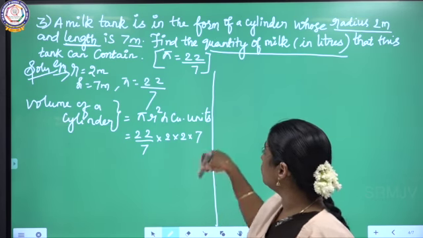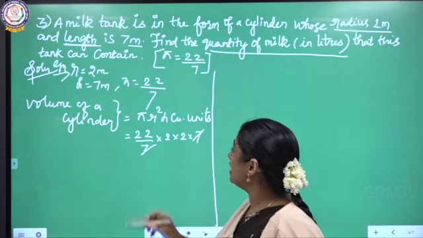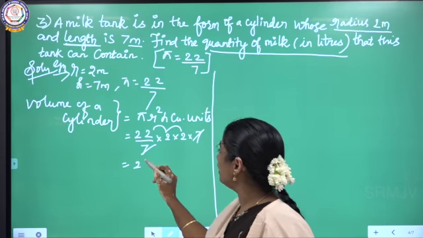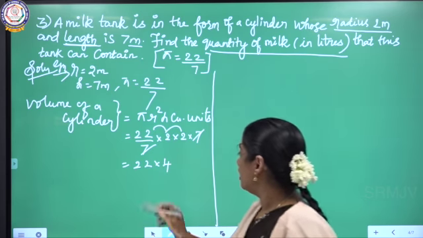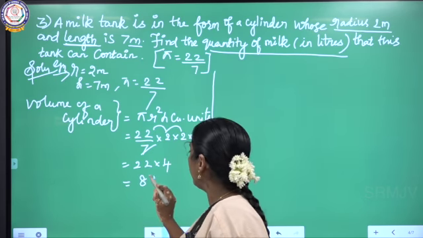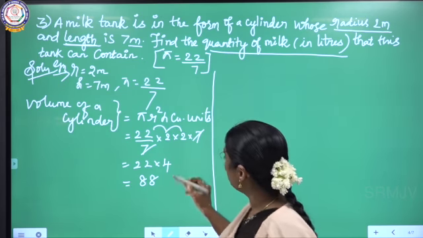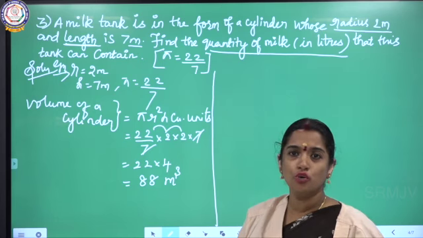We can write the unit in the last. So listen, these 7 and 7 get cancelled. So 22 into 2 into 2, 22 into 4, totally I get 88. So what is the unit? Meter. Since it is volume, I can write the unit in cubic.